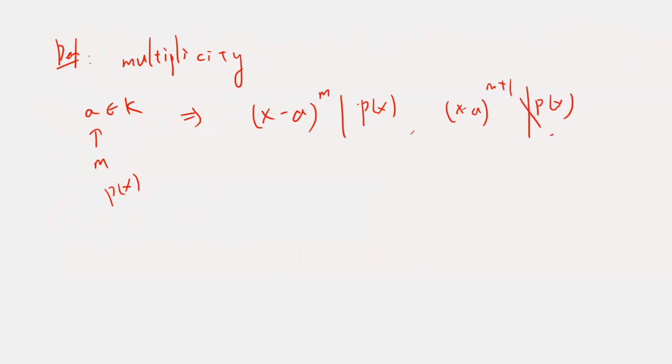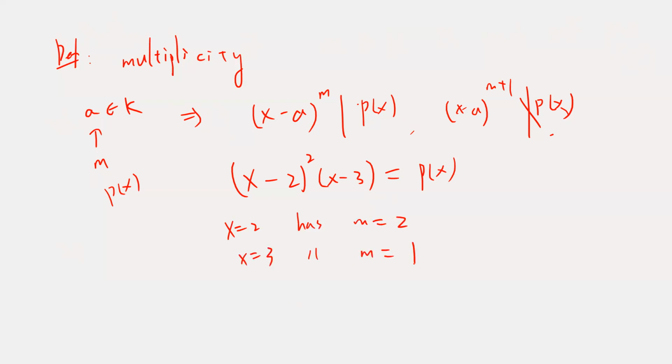So this is called the multiplicity of the root. So this is simple, right? Suppose your p of x looks like this, then x equals 2 has multiplicity 2, and x equals 1 has multiplicity 1.